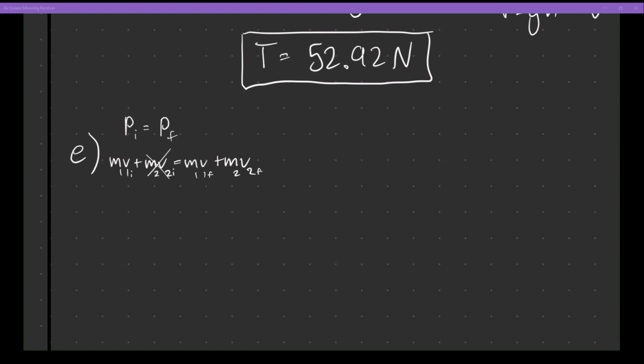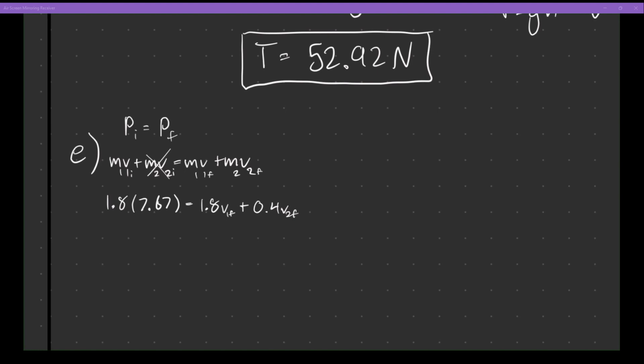Initially m2, which I'm going to say is the block, does not move, so it's zero. Now I know m1 is 1.8, and v1i, which I found in the last question, was 7.67. Then over here 1.8 again, v1f unknown, and v2f also unknown. Now I have to isolate.